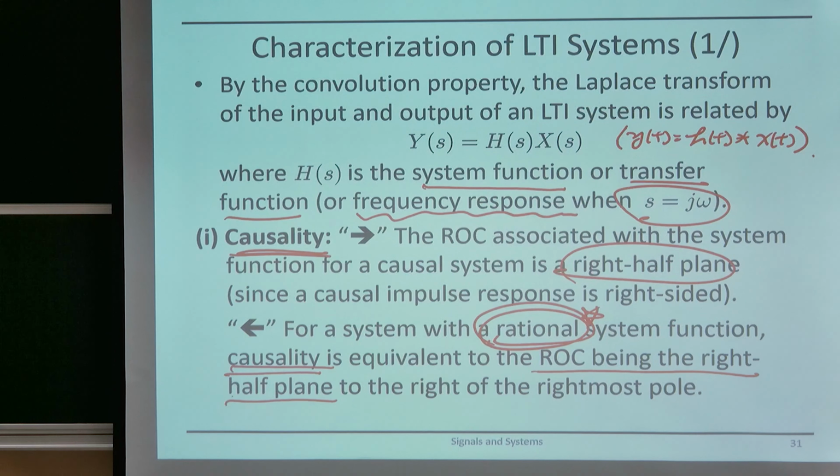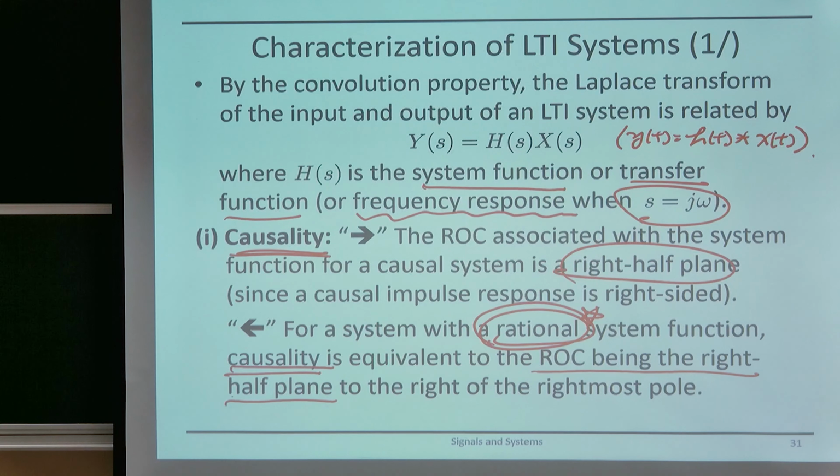But if you know that the system is rational, meaning that it has a rational Laplace transform, then this converse holds. So if the system is rational, then the ROC being the right half plane implies that the system is causal.